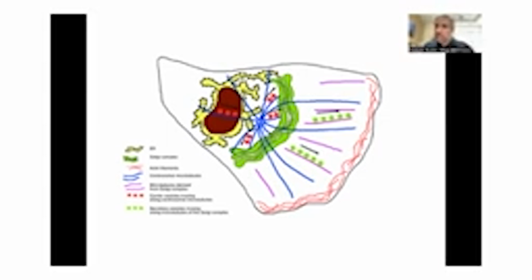The Golgi compartment sits around the MTOC, so a lot of the microtubules are in very close proximity and contact with the Golgi. They are important for maintaining the nicely packed architecture of the Golgi, holding it in place.